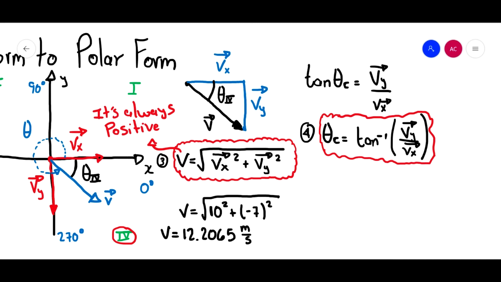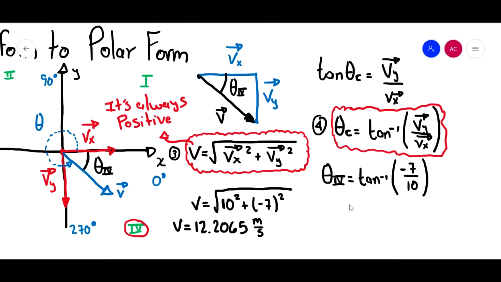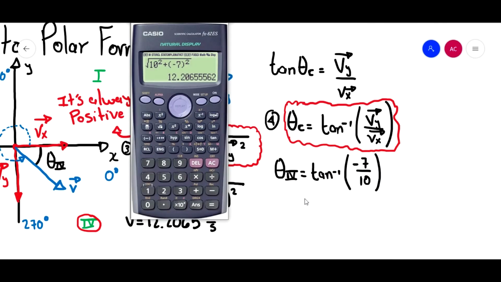So in this case, the angle of the fourth quadrant equals tangent inverse of By over Bx, which is minus 7 over 10. Okay, so I'm just going to move over here to check: minus 7 and 10. Yes, that's correct. And let's do this in your calculators. I clean the display.